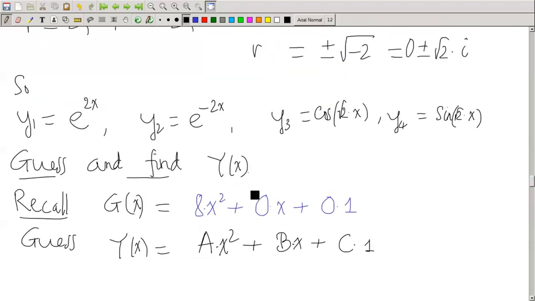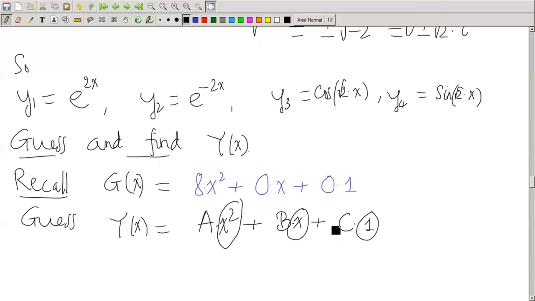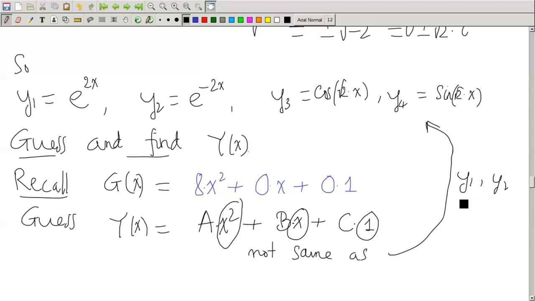Now let's look at these things. They are different from those y1, y2, y3, and y4. So not the same as any of these things above. So we don't need to modify at all.